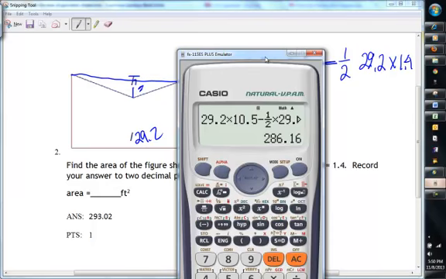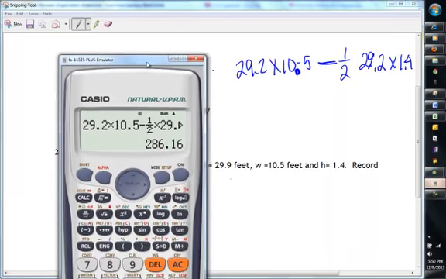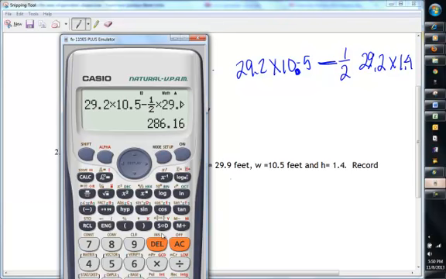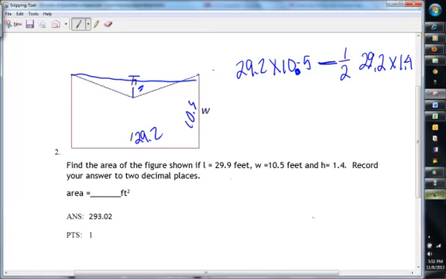Ooh, that's way different than what the answer book says it is. Oh, that's because we had 29.2. I'm going to go back up here and change it to what it should be. It should be 29.9 here and 29.9. Okay, that's where I made the mistake, 293.02.